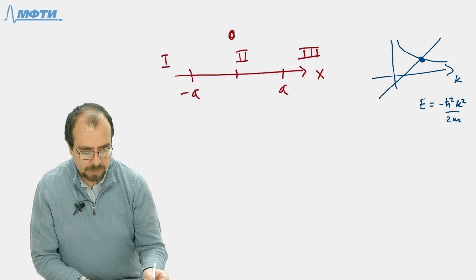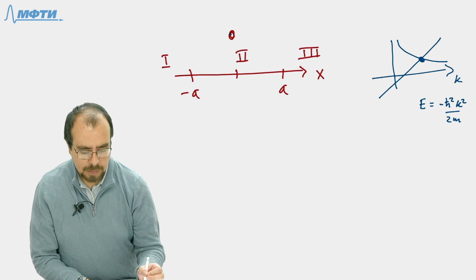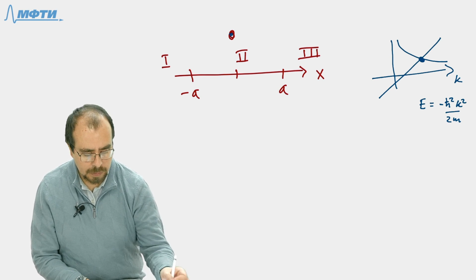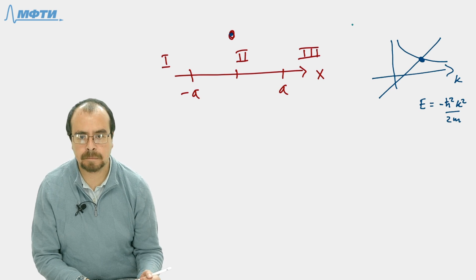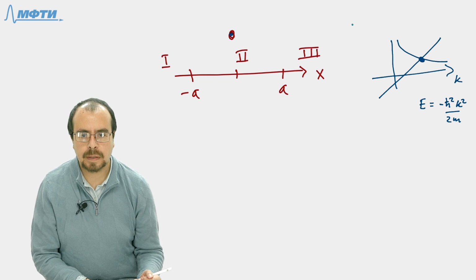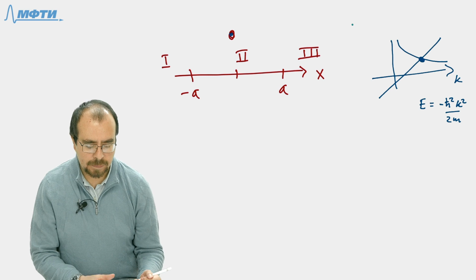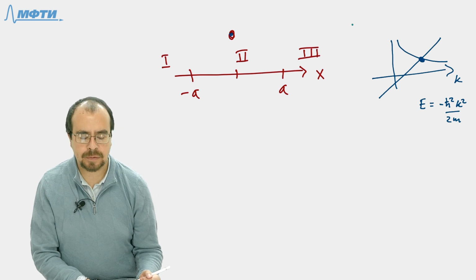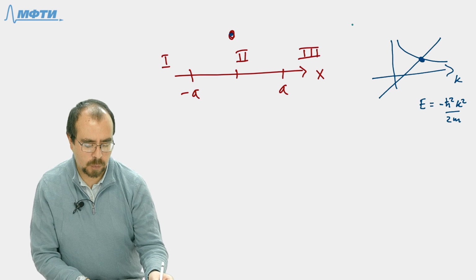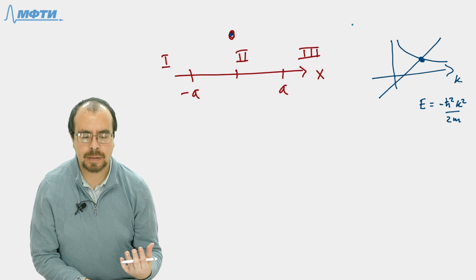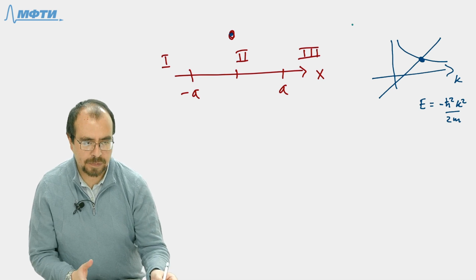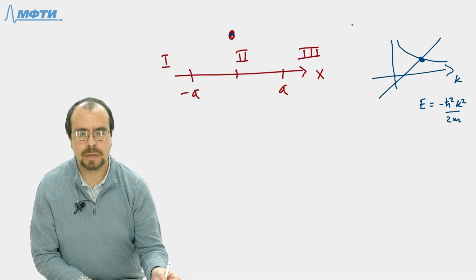So, in principle, if a particle is described by these wave functions as solution of this potential, then we can discuss if there is some physics that we can explain, if there is a predilection for a certain region of our space.